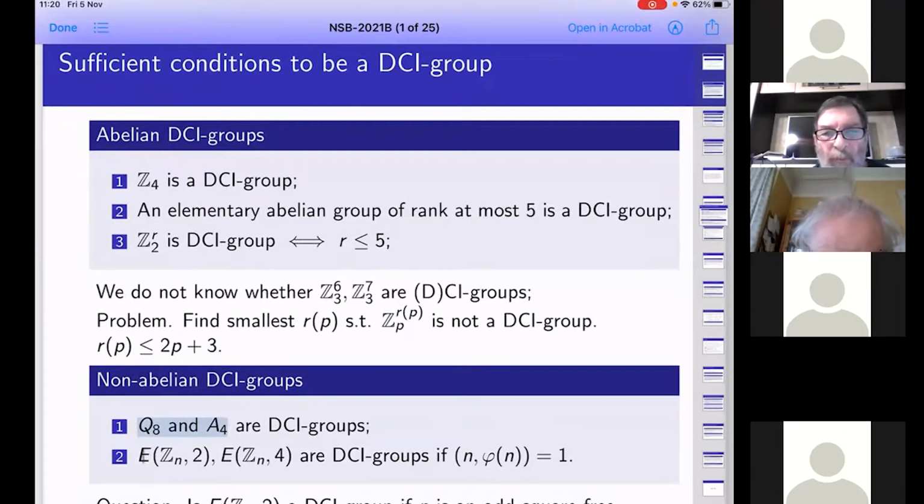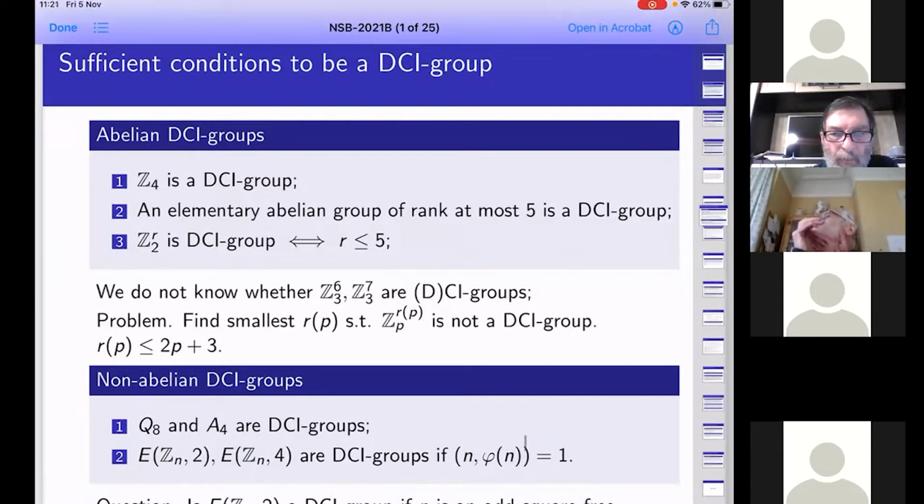And we know that the dihedral group of order 2n and its central extension, which is called a dicyclic group, so a dicyclic group of order 4n, are DCI groups in the case when n and phi of n are coprime. So this is what we know for the groups in the list.